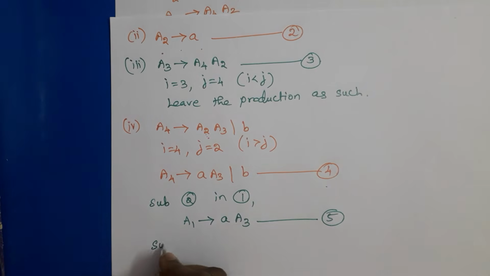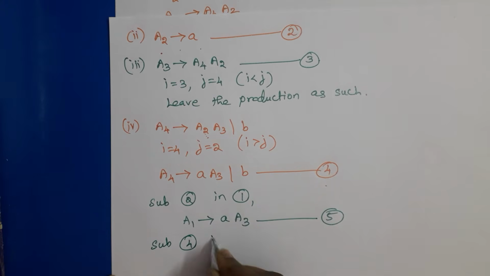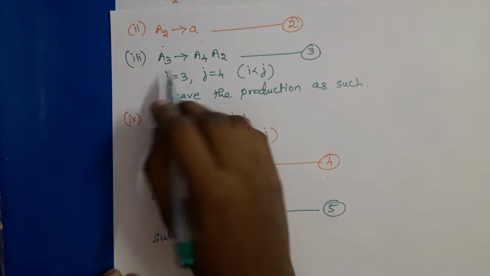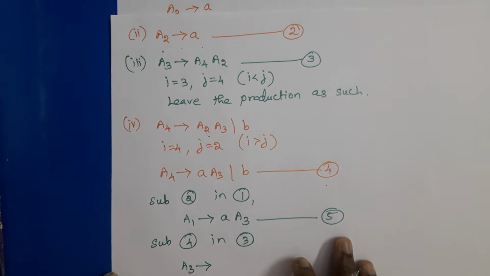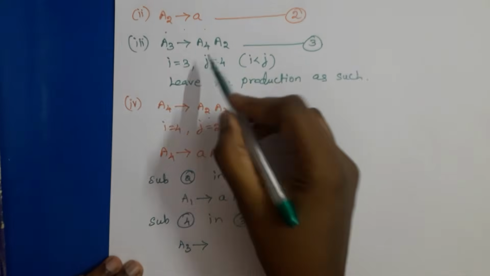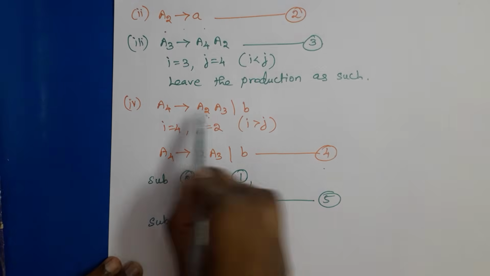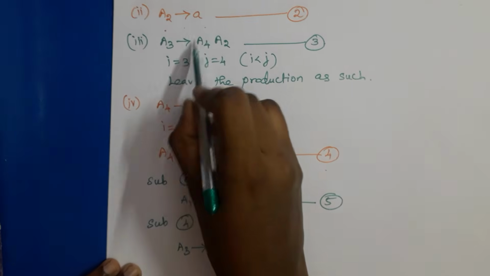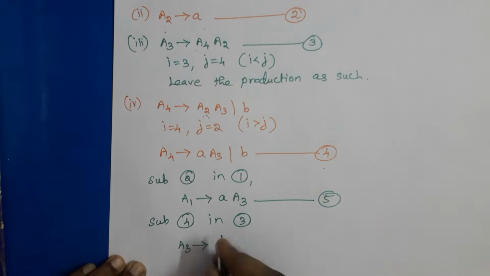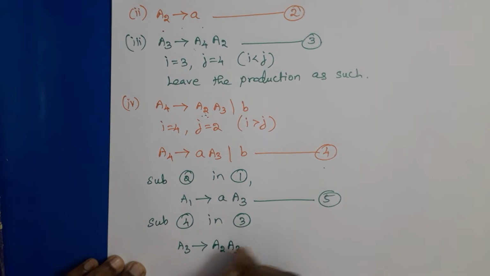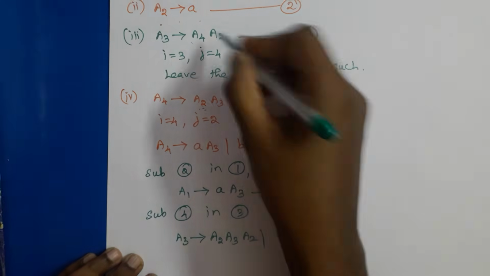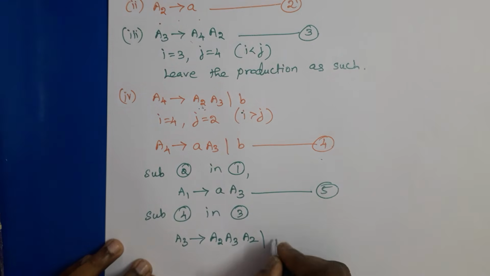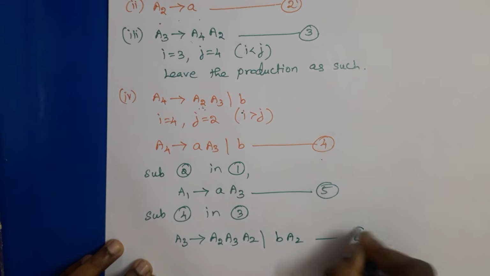So this equation can be written as A3 implies, there is one production for A4. So first substitute a A3 bar b in place of A4. Then we need to substitute b here. So b A2. This is equation number 6.